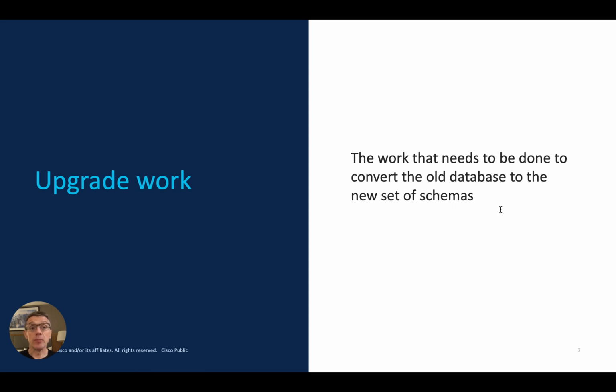Upgrade work is something that has to be done to make a value or a node in the old config fit the new schema. The individual upgrade work items may be simple, as a data type change for a leaf, or very complicated. For example, changes in a nested choice case structure.